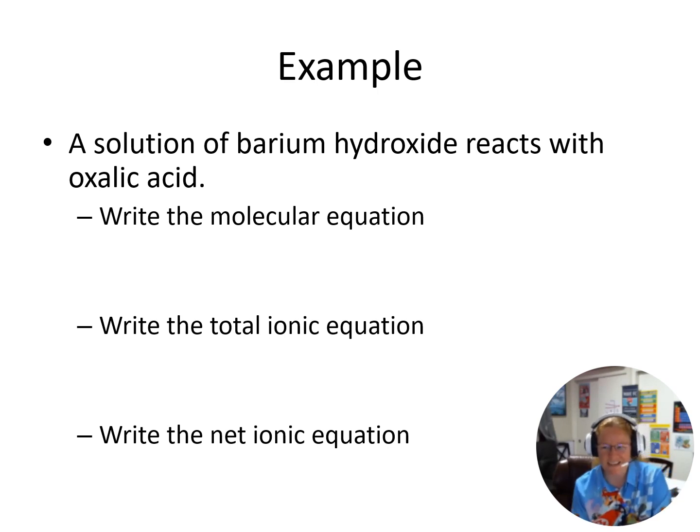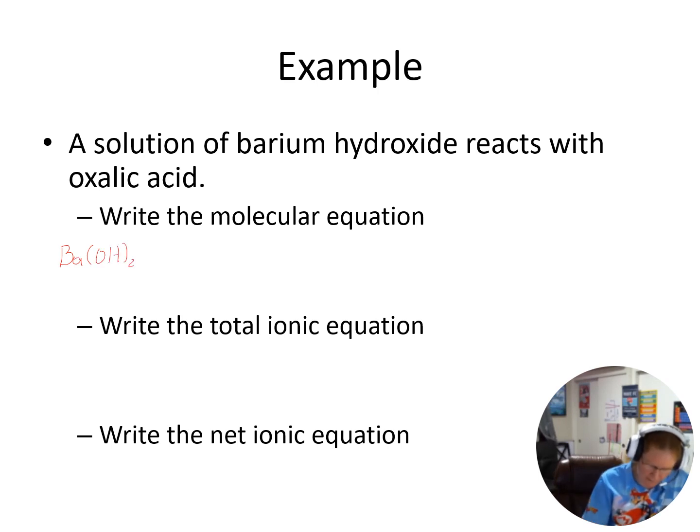So let's take a look at this reaction right here, barium hydroxide and oxalic acid. To start off with, we're going to write the normal equation that we usually write. So barium hydroxide, okay, there's our barium hydroxide, and oxalic acid.